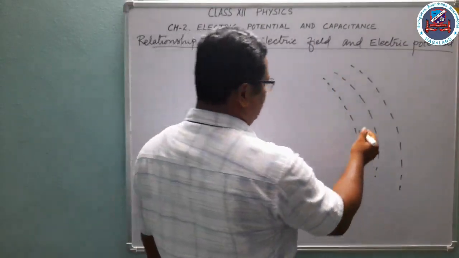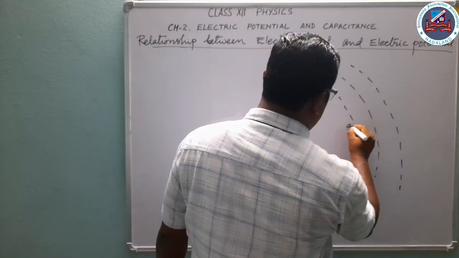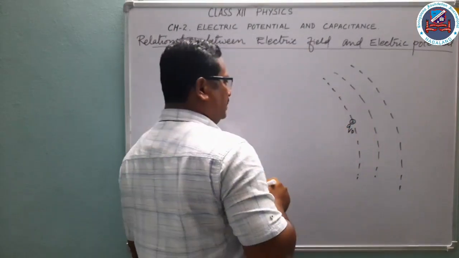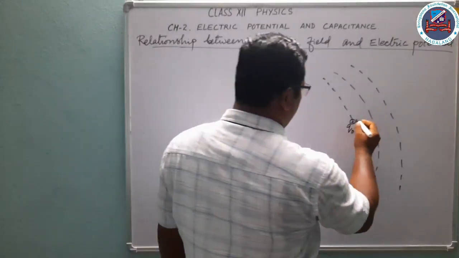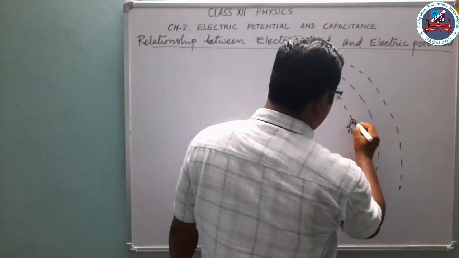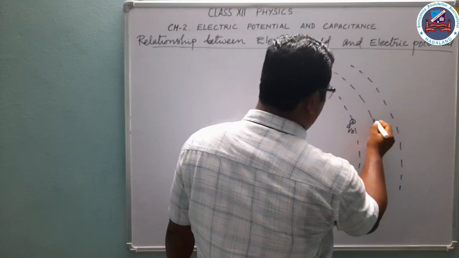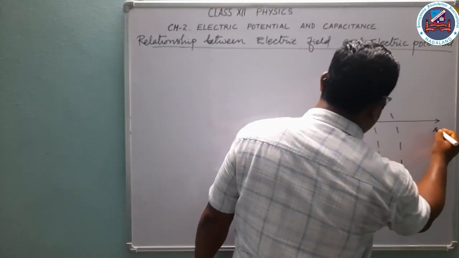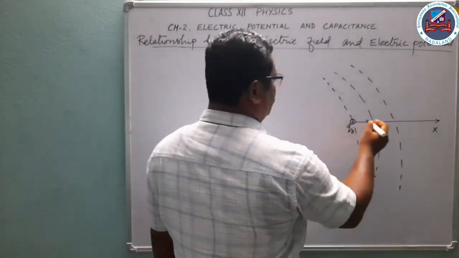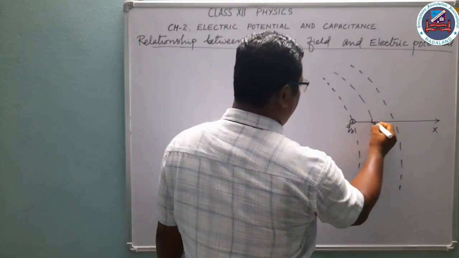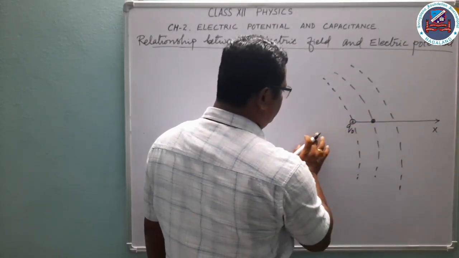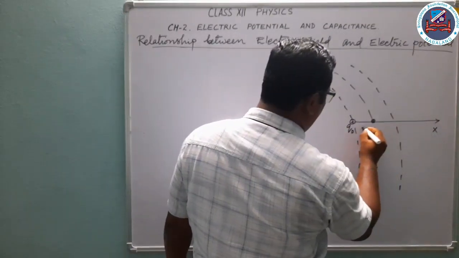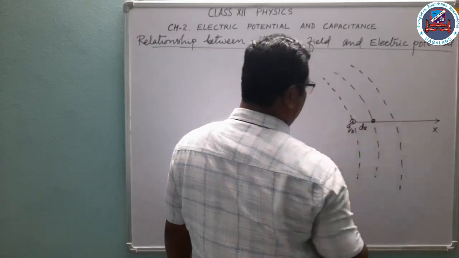First of all, let us take a small test charge, a unit positive test charge, that is being pushed by the electrostatic field from one equipotential surface to another along this direction. Let us take it as the x-axis. Suppose this test charge is pushed by the positive source charge in this direction through a small distance dx.